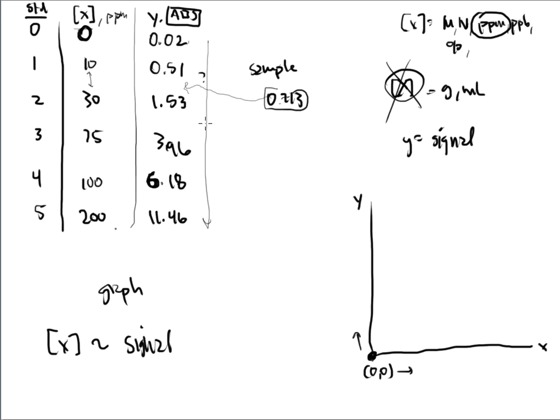Another thing that I can use to judge is this 10 to 30. The 10 gave me a 0.51, and if this is really supposed to be a linear relationship, well, 10 times 3 is 30. 0.51 times 3 is about 1.5. So I can use this as a quick judge to see if I'm even in the ballpark, right?